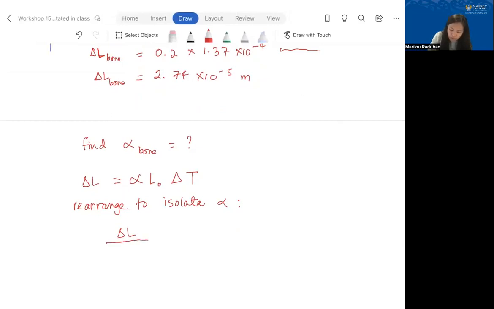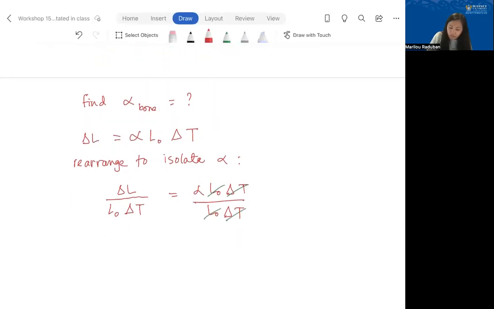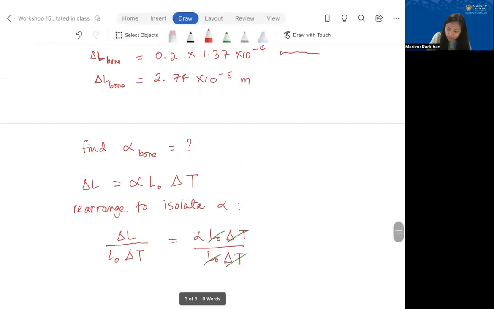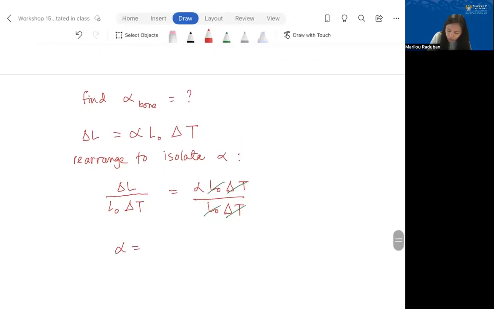So you also divide the left side by L0 and delta T. Therefore, alpha is equal to delta L over L0 times delta T.